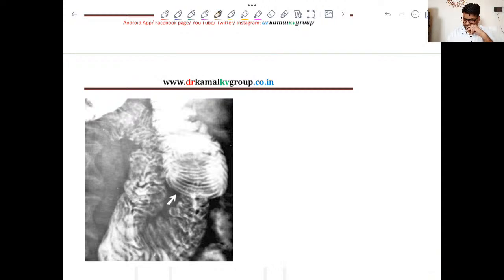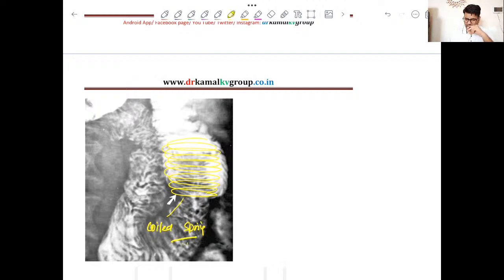Any idea what this is? It just looks like something like this. This looks like a coiled spring. Very good, Ishan.